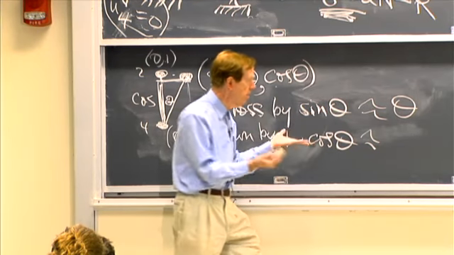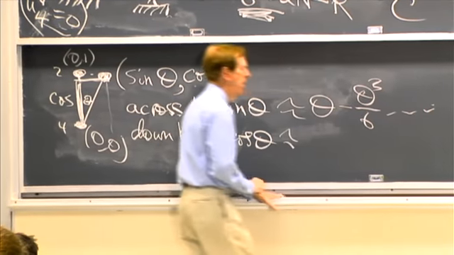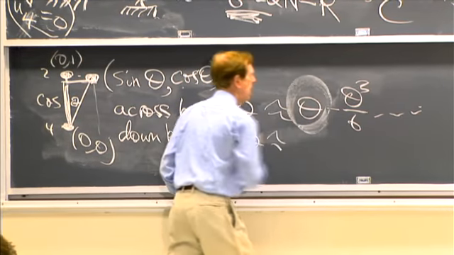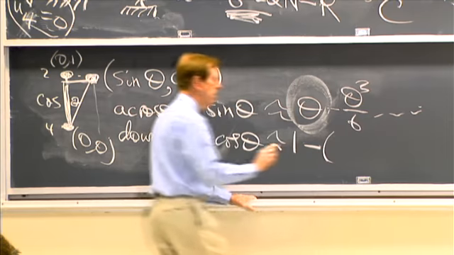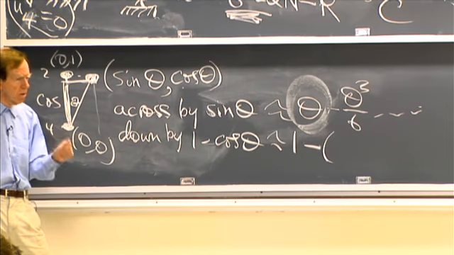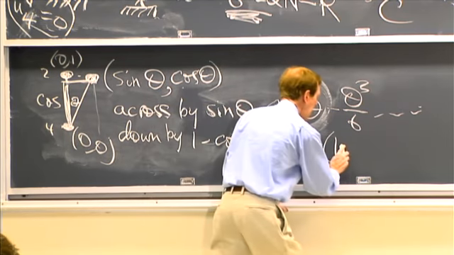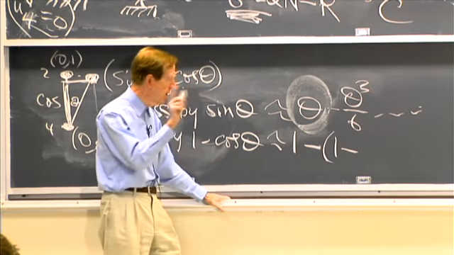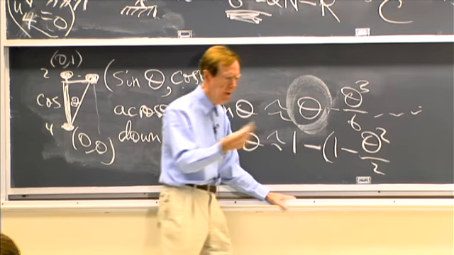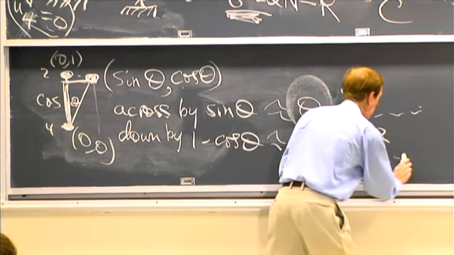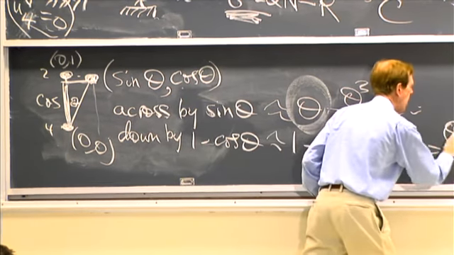If I expand, the exact term would be theta minus theta cubed over 6, but I'm only keeping that term. And 1 minus cosine theta: what's the formula for cos theta? It starts with a 1, because of course cosine of 0 is 1. And then you subtract theta squared over 2, and then plus theta fourth over 24, whatever. Okay. So the 1's cancel as we expect, and I'm getting theta squared over 2.